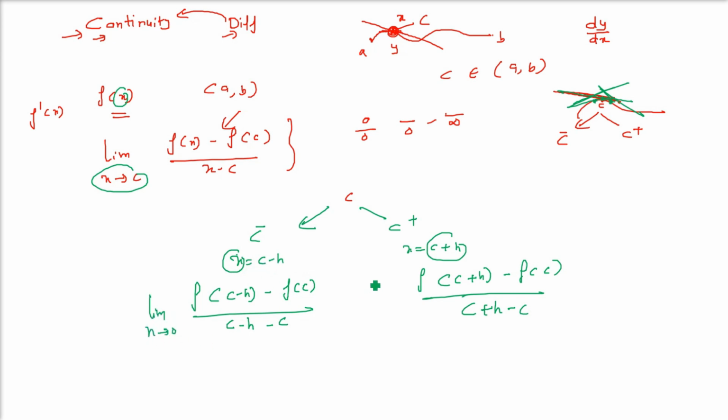Since x is c minus h, the limit will change: it will be h tends to 0. The limit as h tends to 0 of these two has to be equal. If they are equal, it is differentiable. If they are not equal, it is not differentiable. That is, f'(x) exists, or f'(c) exists, that is differentiability.